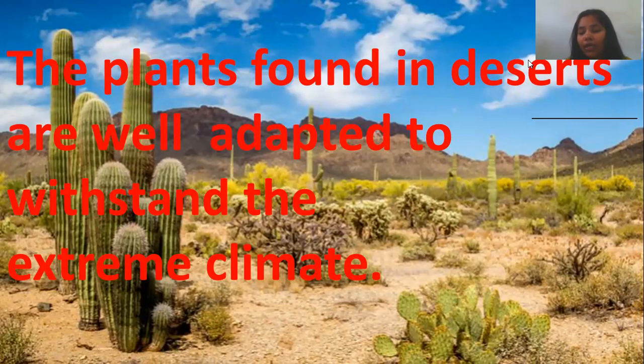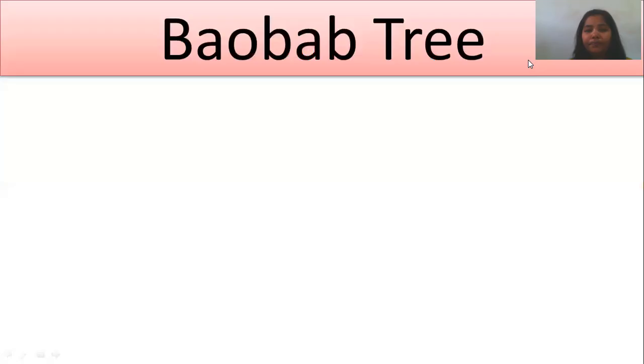Also, in many plants the stems are very thick and fleshy so that they can store water in them, right? These are the features of plants that make them survive in desert areas. Okay. Now I would like to tell about the baobab tree.